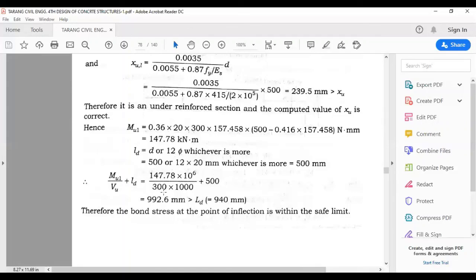VU is 300 into 10 raised to the power 3, and the value of LD is 500, which we have just adopted here. This expression comes out to be 992.6 mm, which is greater than LD. So the bond stress at the point of inflection is within the safe limit, because this value is greater than this value. We can conclude that the bond stress at the point of inflection is within safe limit here.